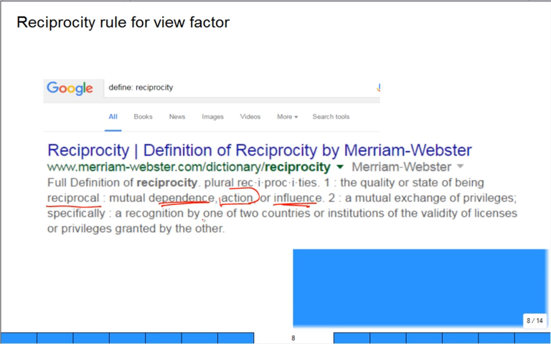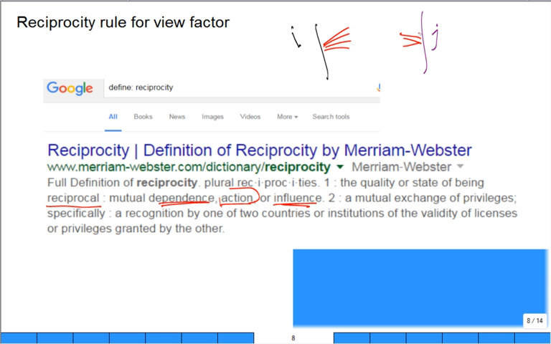Well, here it's action. So in radiation heat transfer, if I have a surface i sending out photons, and then I have a surface j, and some of those photons from i impinge on j, guess what the photons from j can do? Some of the photons emitted from j can go back and impinge on i. And that's the whole idea behind reciprocity.